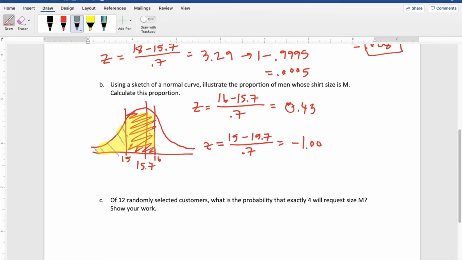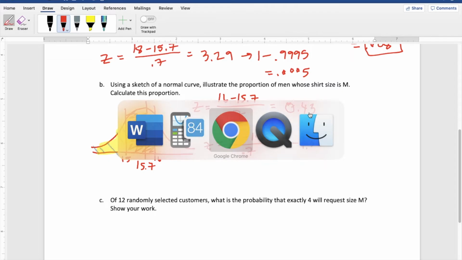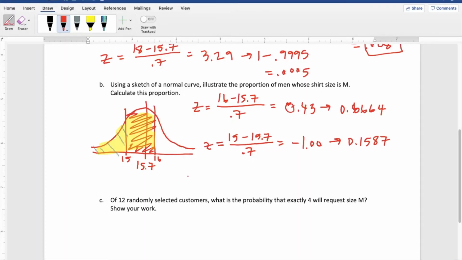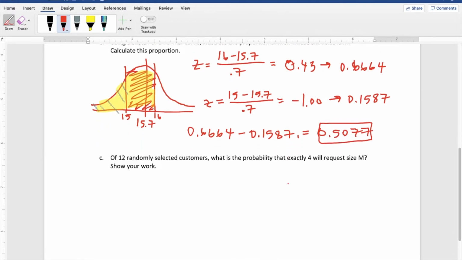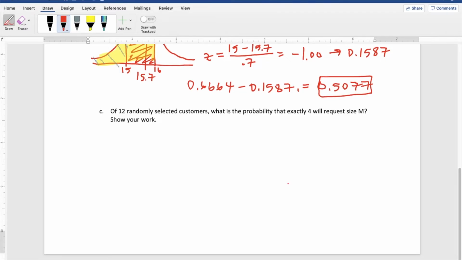Right, and then what I'm left with is that in-between thing. So that's what I'm going to be doing on my z-table. So I'm going to go look up my probability for 0.43 and for -1. And then I'm going to subtract them. 50.77% of men would request a medium or have a medium shirt size.